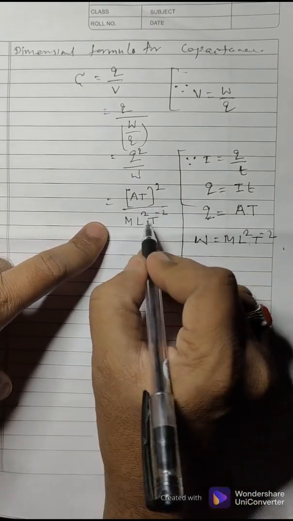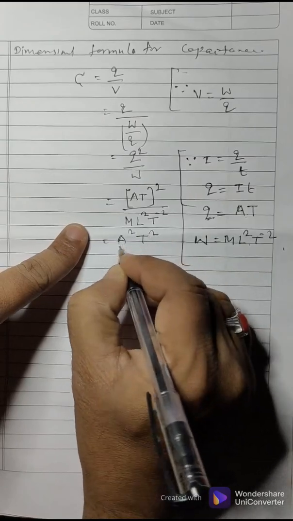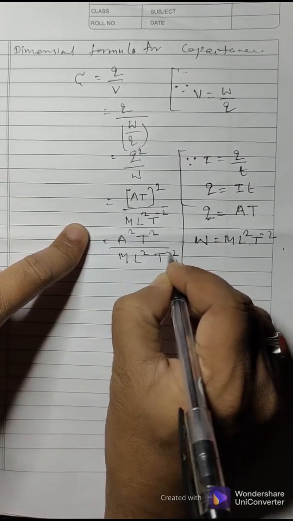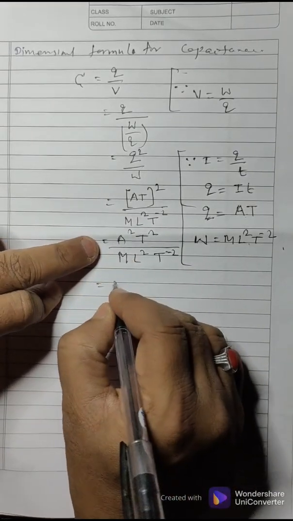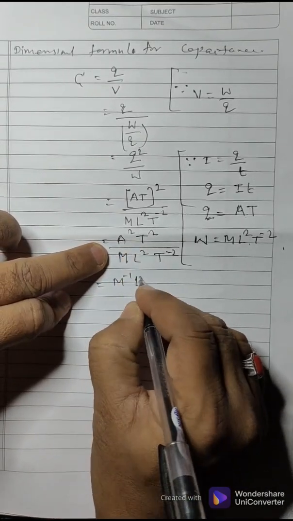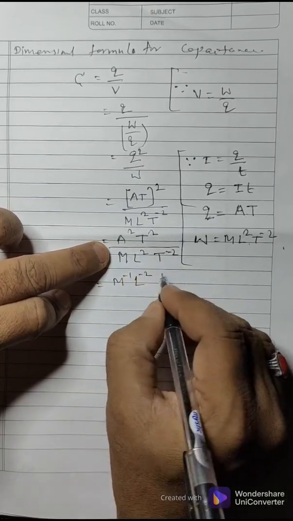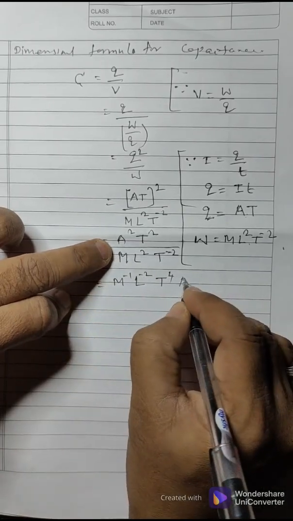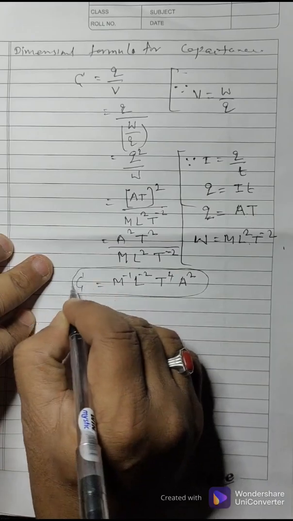Therefore M goes up and becomes M power minus 1, L becomes L power minus 2, and T power minus 2 going up becomes T power plus 4. Already A squared is there, so this is the dimensional formula of capacitance.